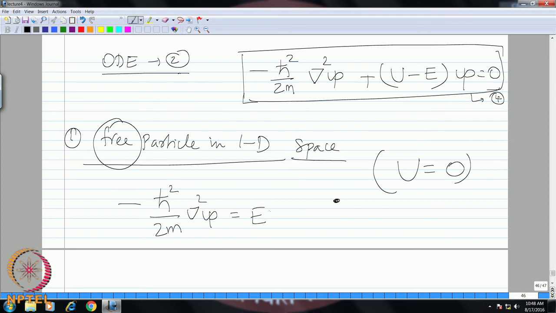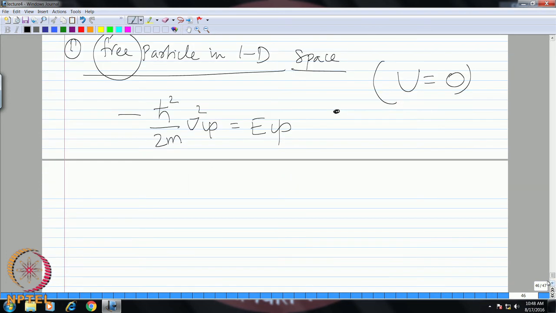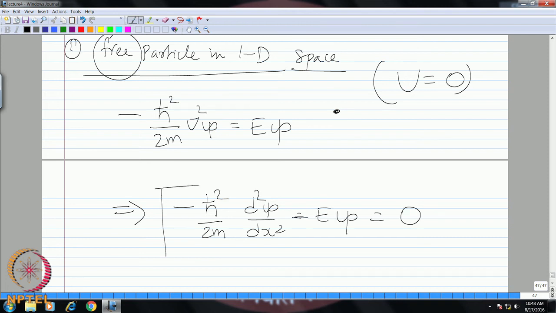So, this will be equal to E psi. So, since this is one dimensional space, we can expand the Laplacian here. So, this is minus h square by 2 m, we have d square psi by dx square minus E psi is equal to 0.